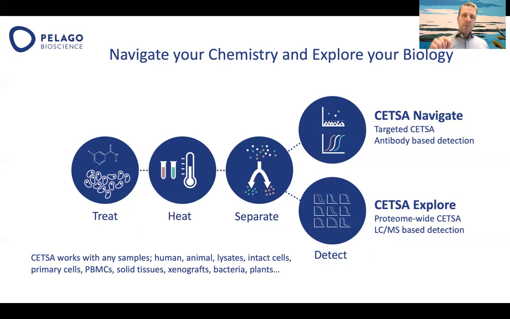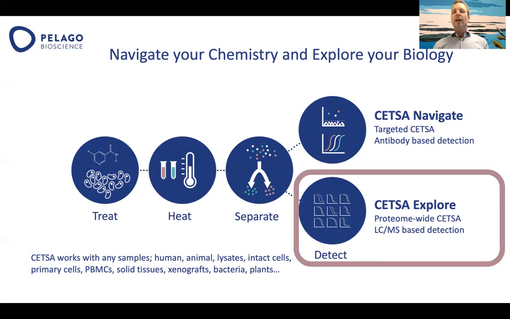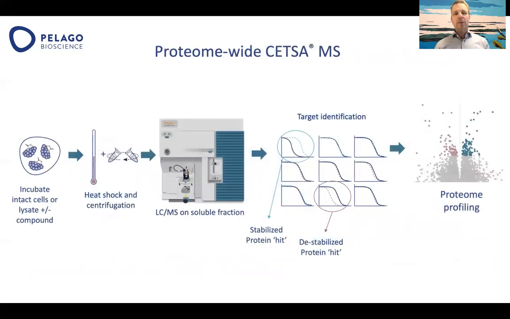But what you can't do is look at more than one target at a time, and that's the CETSA Explorer format, because that's a proteome-wide profiling of a few compounds against the whole proteome. The assay method is still treat, heat, separate, detect, but the detection mode after the heat shock and centrifugation is now an LC-MS mass spectrometer.